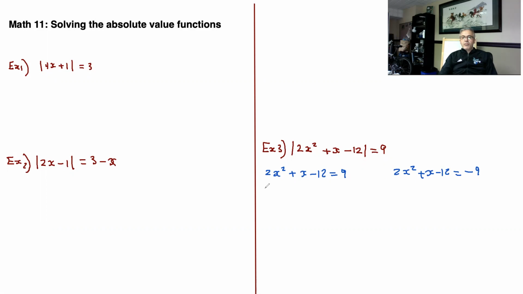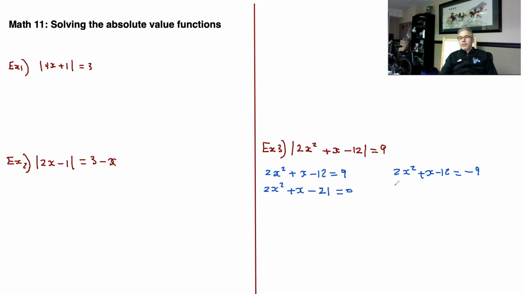So here it'll be 2x squared plus x minus 21 equals 0.